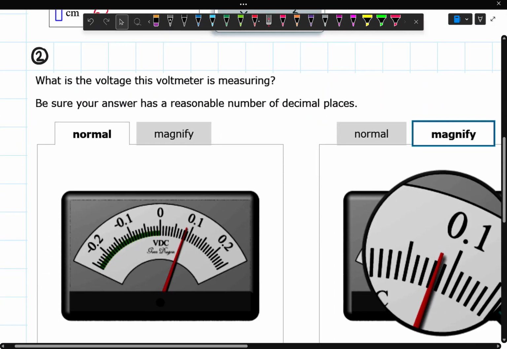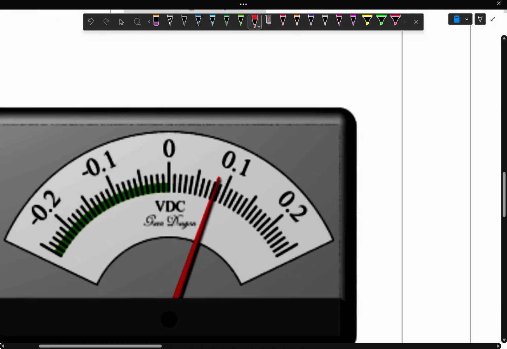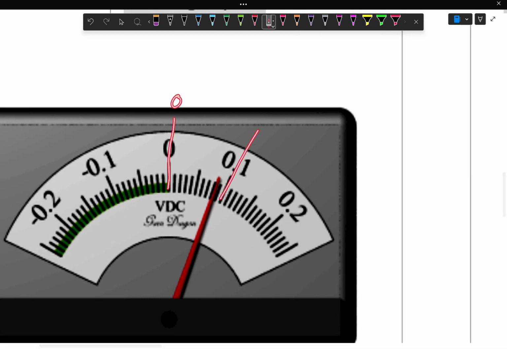So moving on to our next one. This one is a little bit more hard to see. So right now we have 0 and we have 0.1. And in between, we have 1, 2, 3, 4, 5, 6, 7, 8, 9, and then 10. So we have 10 increments. So if we have 10 increments between 0 and 0.1, that means that every increment is going to be 0.01.